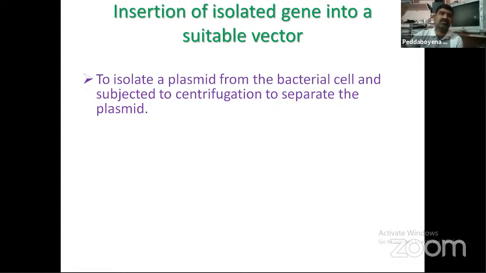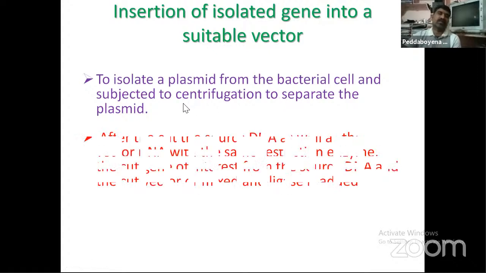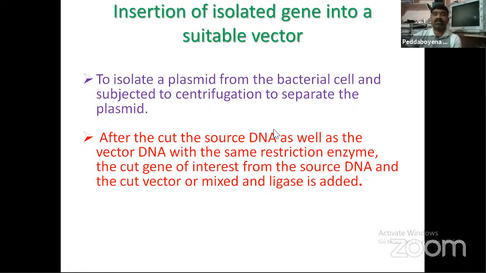After that, we isolate a plasmid from the bacterial cell and subject it to centrifugation to separate the plasmid. After centrifugation we get the separated plasmid, and then cut the source DNA as well as the vector. Simple. First cut the source DNA, meaning plant or animal, anyone.